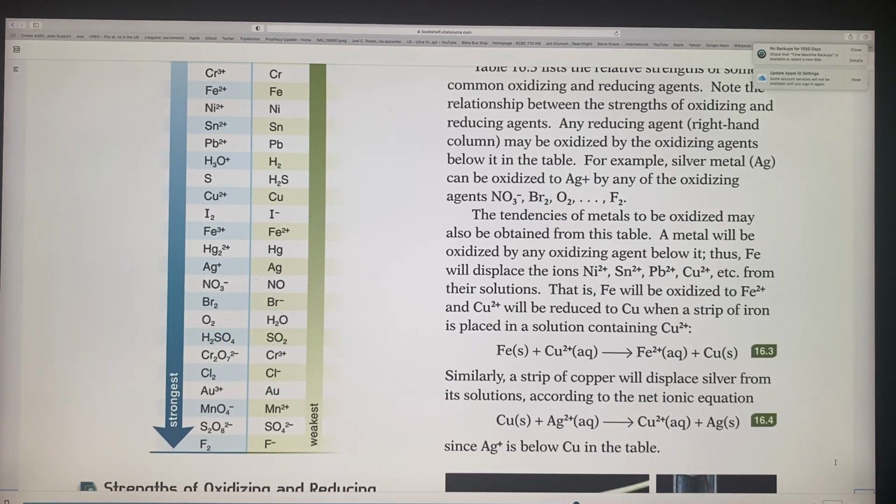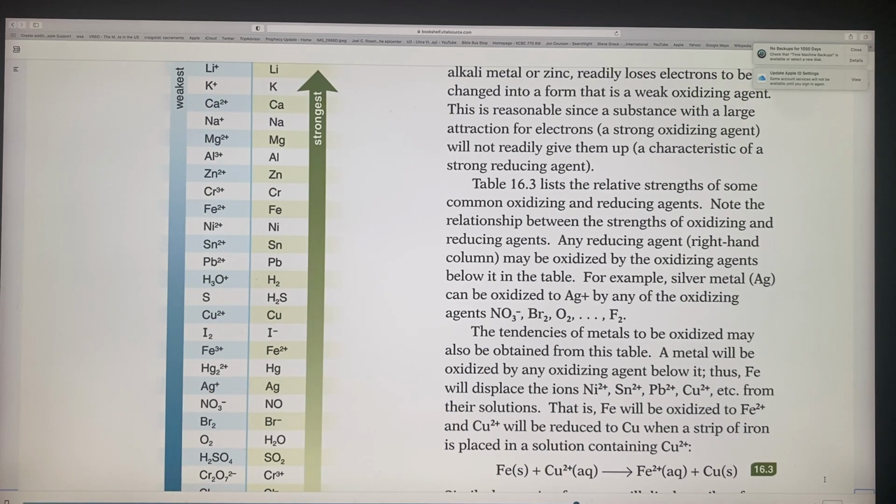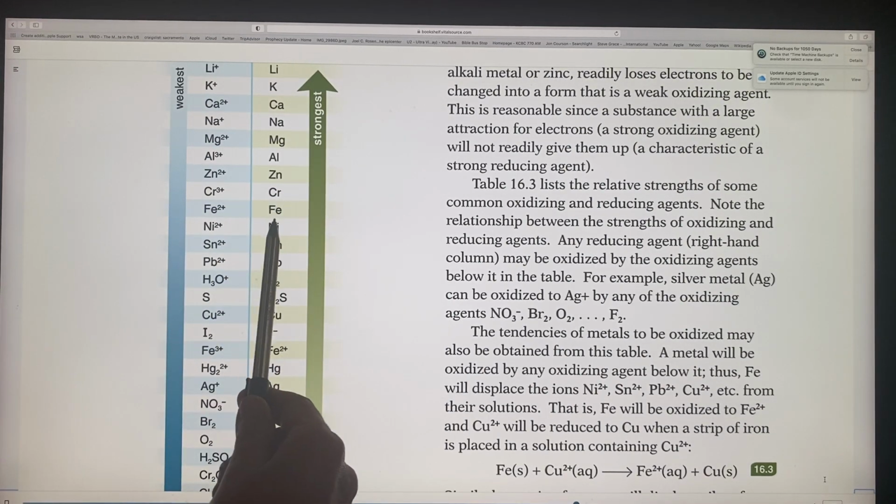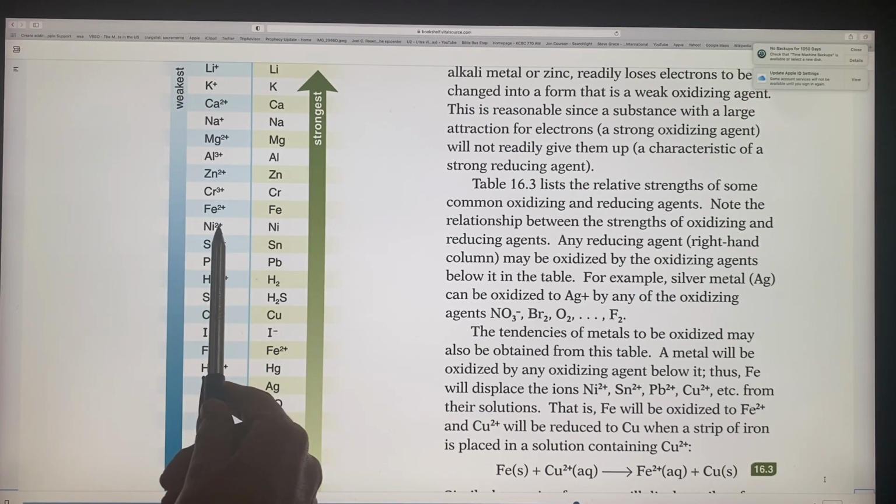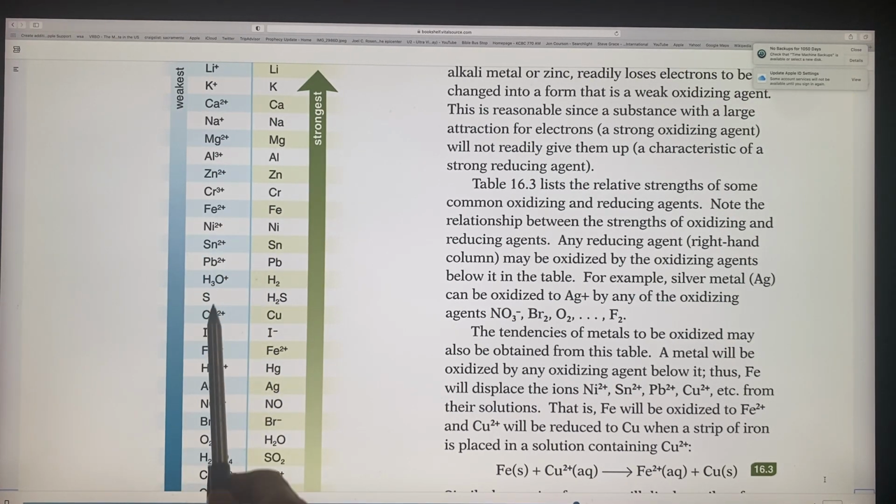Okay, so as for the opposite, they took a metal oxidized by an oxidizing agent below it. They took iron. So let's take iron. Iron can be oxidized by any of those that are below it too. So any of these on this side that are below it can be oxidized.